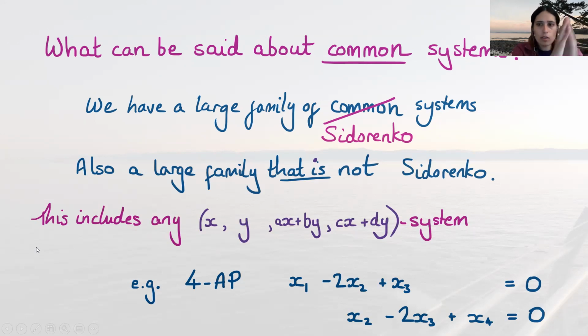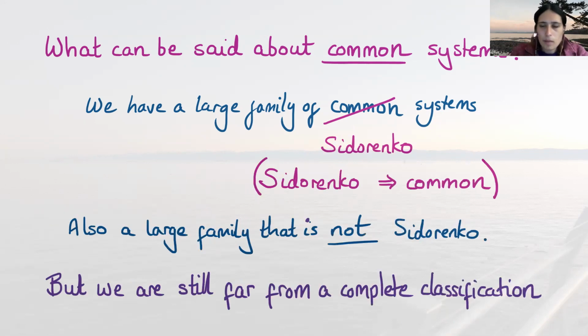So we've got a lot of common systems, we've got a lot of uncommon systems, but we're actually still very far from having a complete understanding about systems of equations, or even a complete understanding of, for example, systems of pairs of equations.